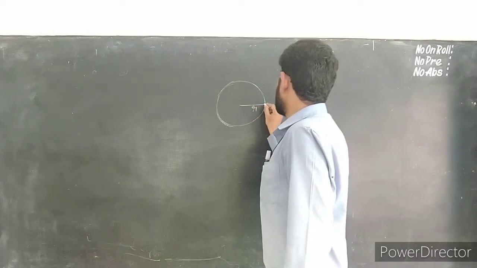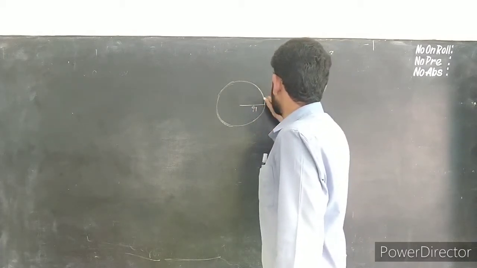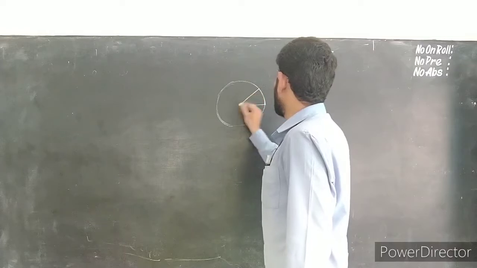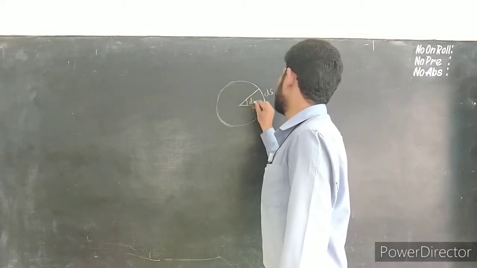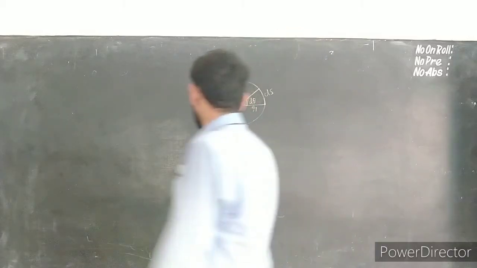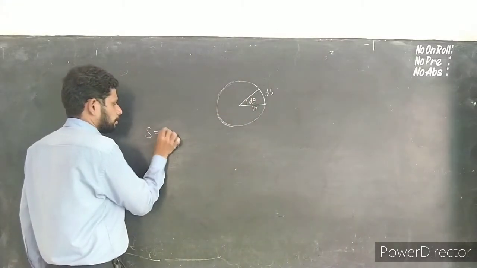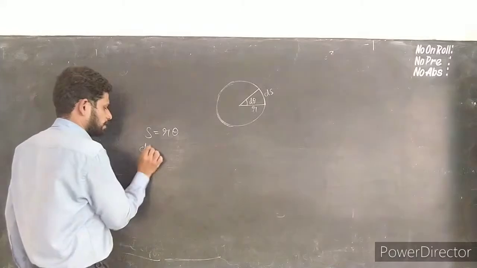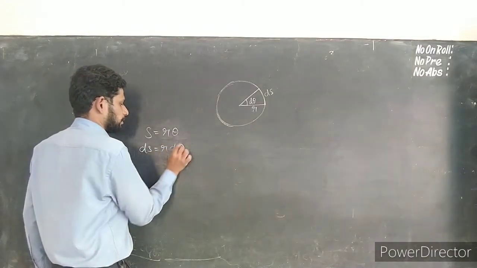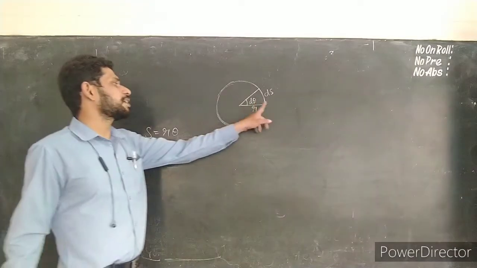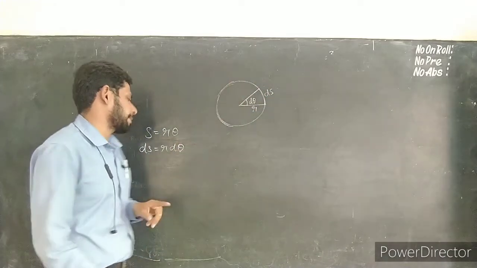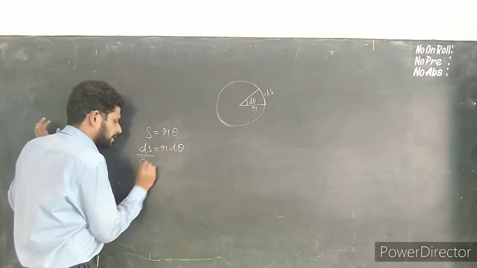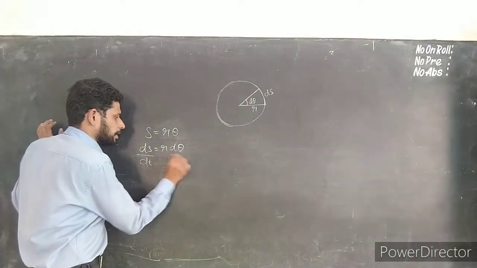As the object moves, the changing displacement makes an angular displacement d theta. We know the relation s equals r theta, then ds will be equal to r d theta. So for the object moving in uniform circular motion with respect to time, ds by dt will be equal to r d theta by dt.